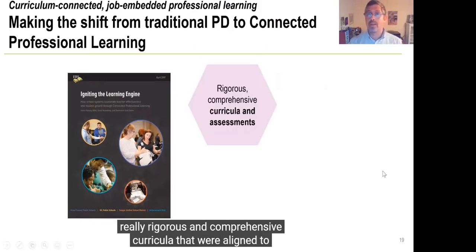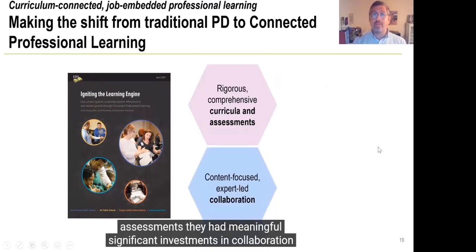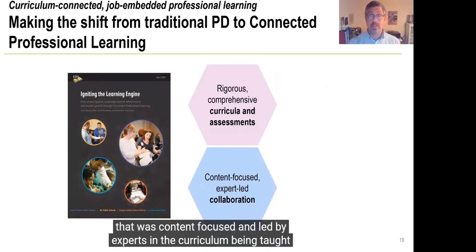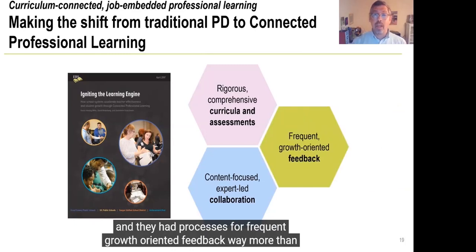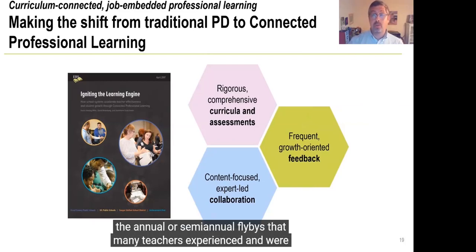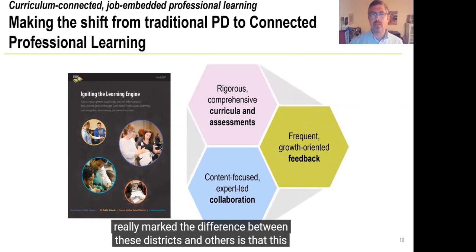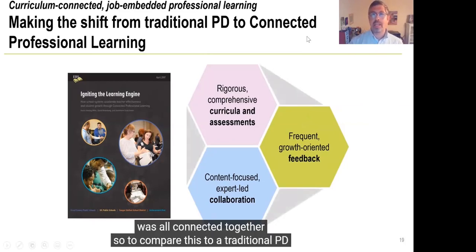One, each one had really rigorous and comprehensive curricula that were aligned to assessments. They had meaningful, significant investments in collaboration that was content-focused and led by experts in the curriculum being taught. And they had processes for frequent growth-oriented feedback, way more than the annual or semi-annual flybys that many teachers experience. And what really marked the difference between these districts and others is that this was all connected together.